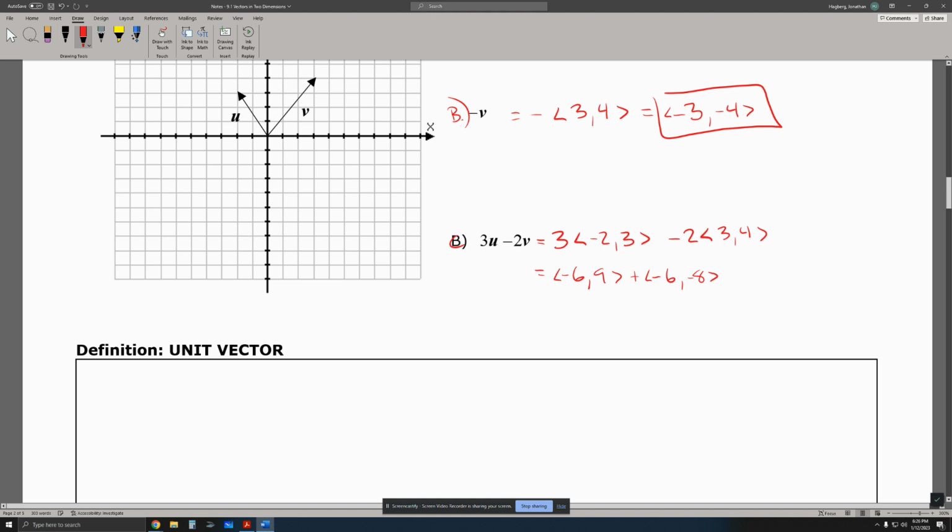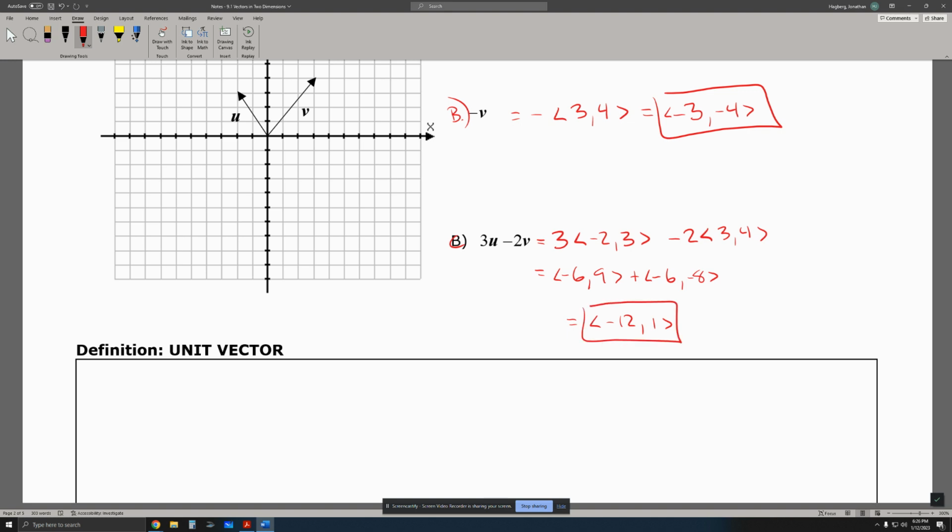At this point, we're just adding these vectors, so we add the x components together and the y components together. The x components, -6 plus -6 is -12. The y components, 9 plus -8 is 1. So the resultant vector 3u minus 2v is ⟨-12, 1⟩.